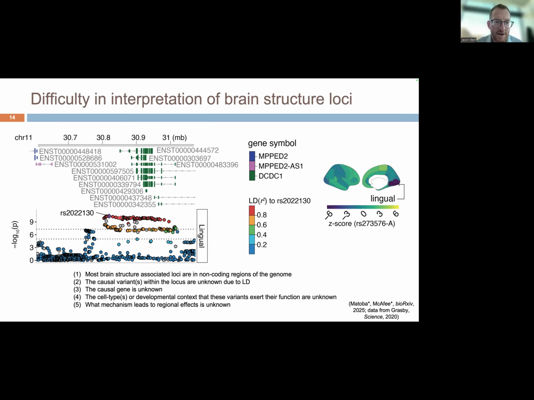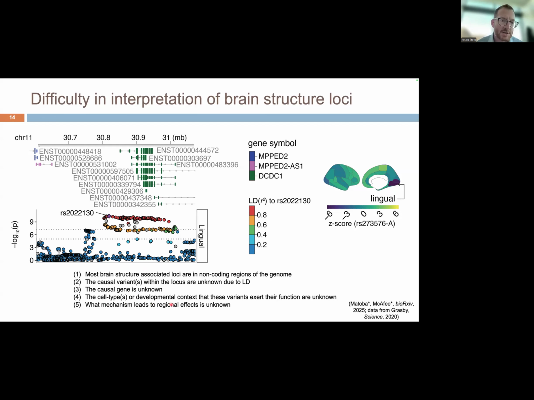The causal variant within the locus is unknown due to linkage disequilibrium, the correlation of these nearby variants in the genome. So we don't know which of these variants, or maybe more than one of the variants, is actually having an effect. Because these are non-coding variants, the causal gene is also unknown. And genetic variants, though they're the same in every cell type in the body, don't have to have an effect in every cell type or in every context.